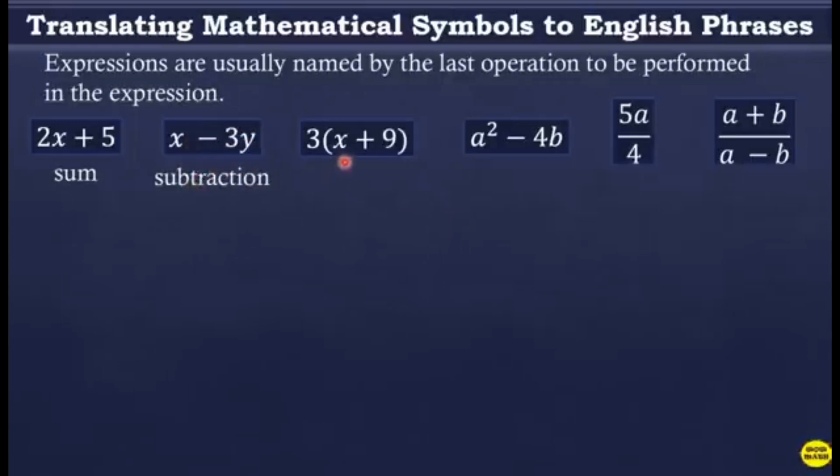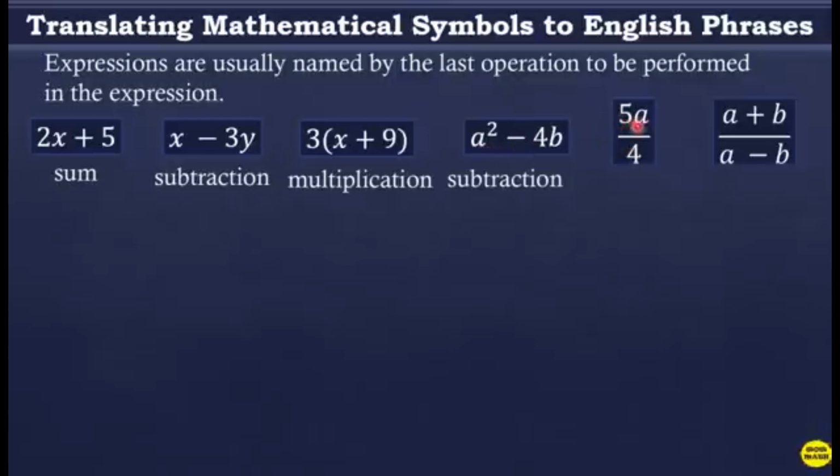So, we're going to multiply first before we subtract. Next, the last operation would be multiplication because using PEMDAS, we're going to solve first those inside the parentheses. So, the last would be multiplication. In here, the same, using PEMDAS, we're going to square first, then the last would be subtraction.